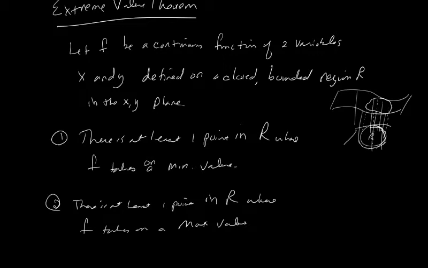And by min and max, we just mean that it's going to be less than or greater than all the other values of f for all the xy points in that region R.